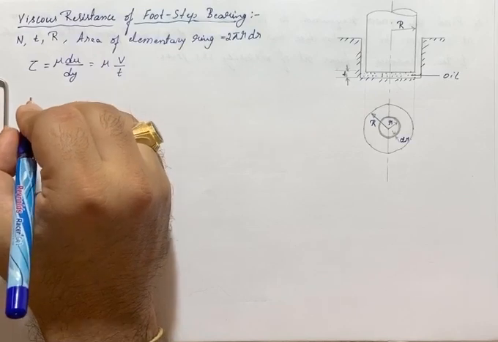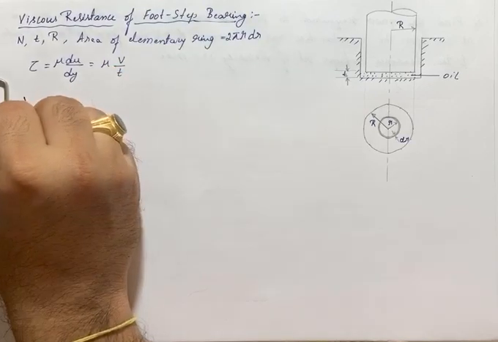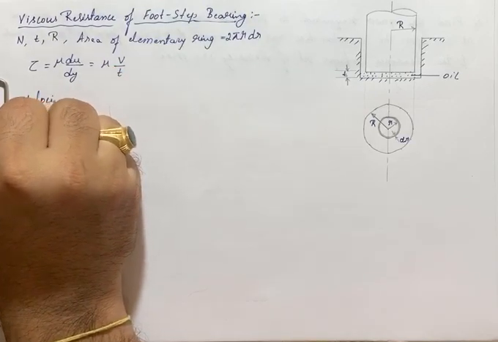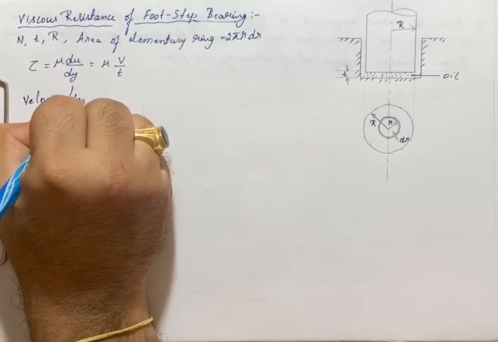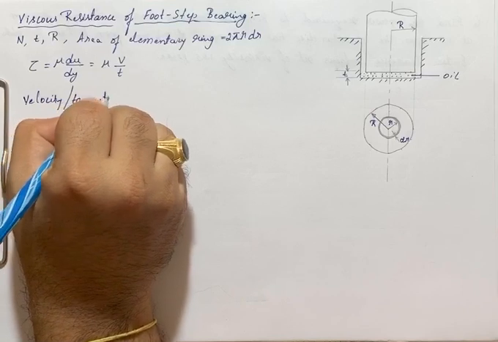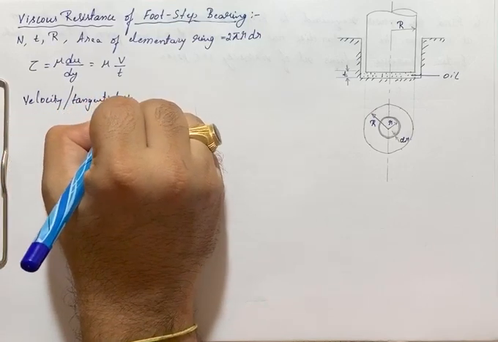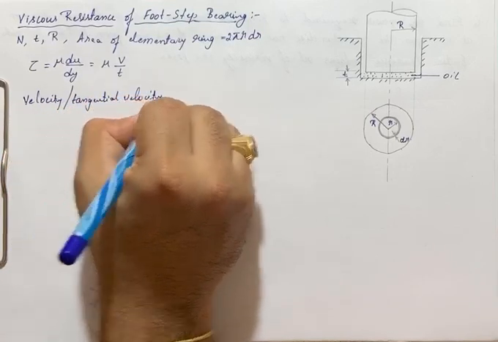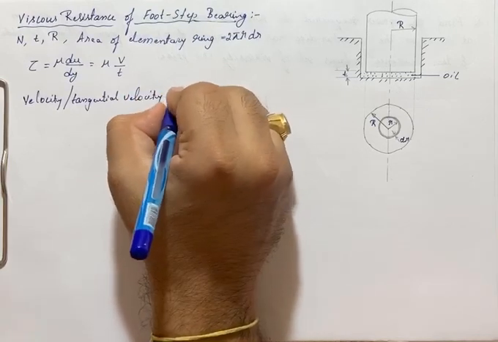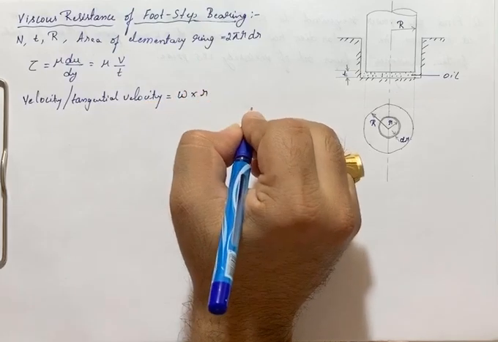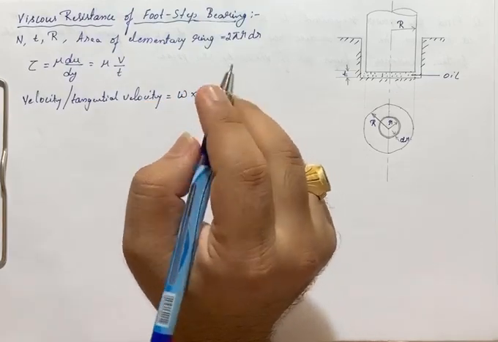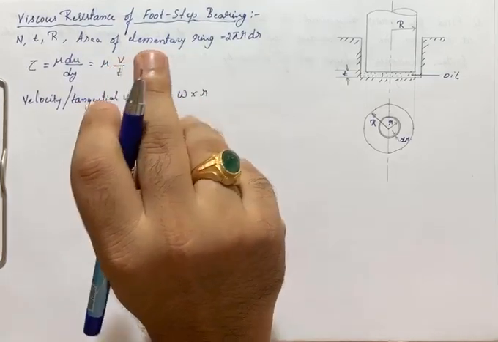Now, what is the velocity? It is the tangential velocity, which is nothing but omega into r, the angular velocity into radius.